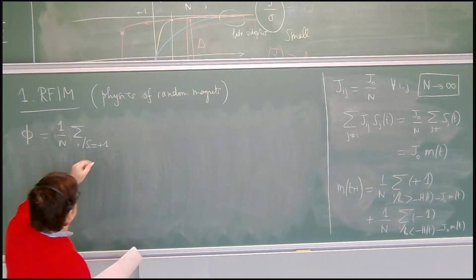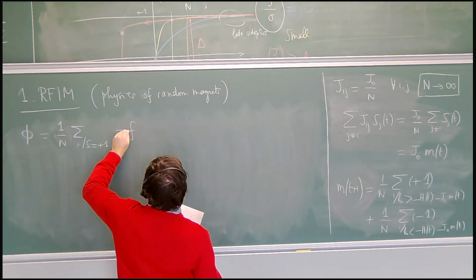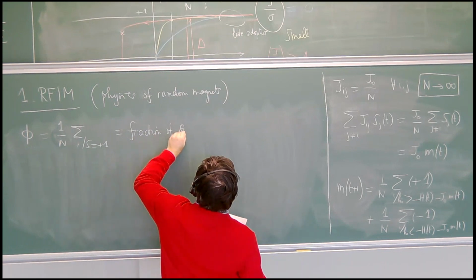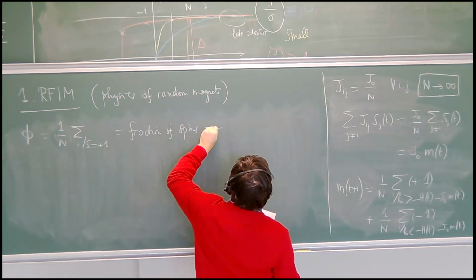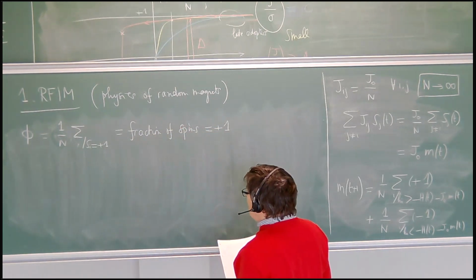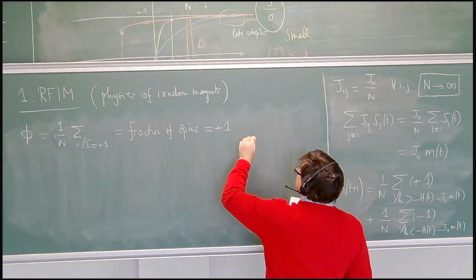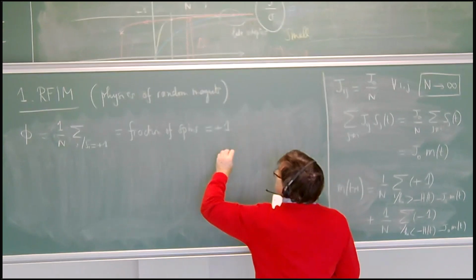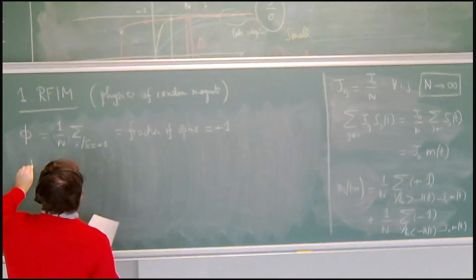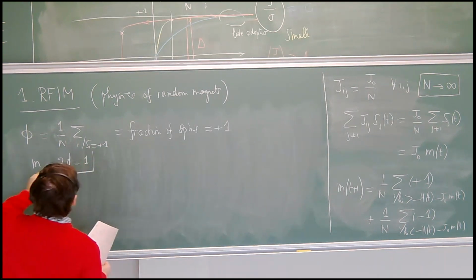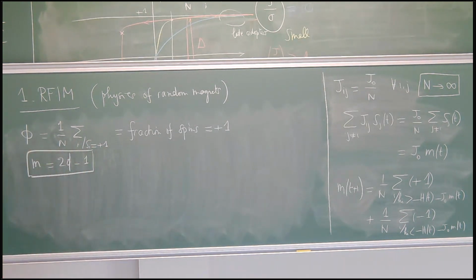So it's a fraction, not a probability, a fraction of spins equal to plus 1. And it's clearly related to m. So m is equal to 2 phi minus 1. It's just a trivial transformation from m to phi.